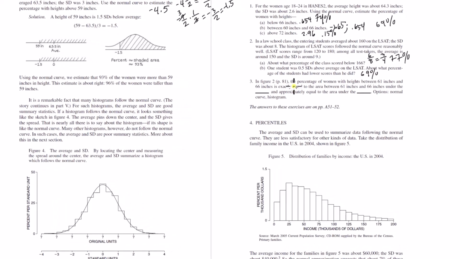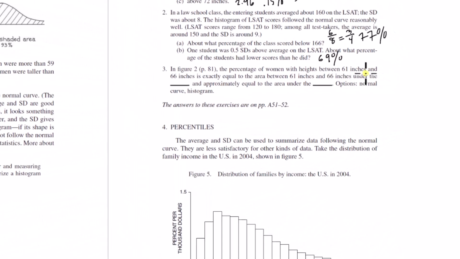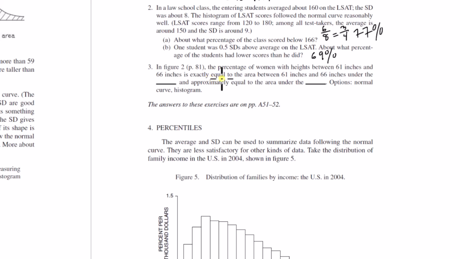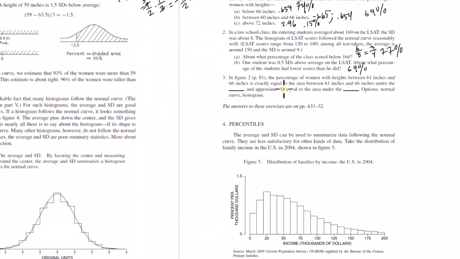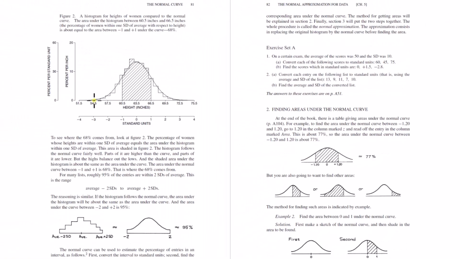In figure 2, the percentage of women with heights between 61 inches and 66 inches is exactly equal to the area between 61 and 66 inches under the blank, and approximately equal to the area under the blank. Options: normal curve, histogram. Yeah, so this is what I've been talking about, trying to get you to understand the context of what we're doing. Here's figure 2.